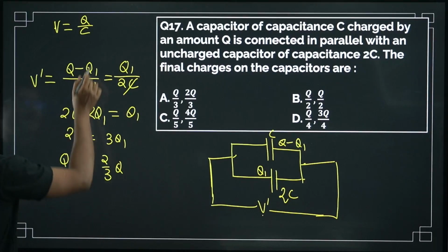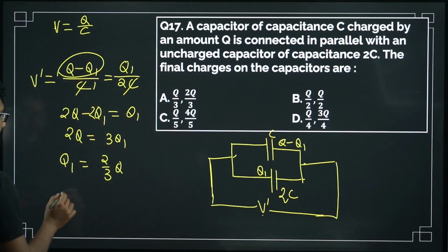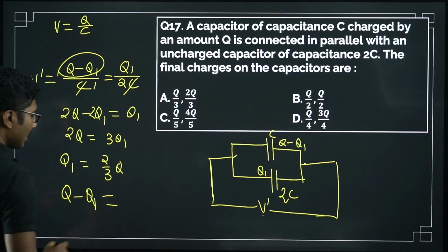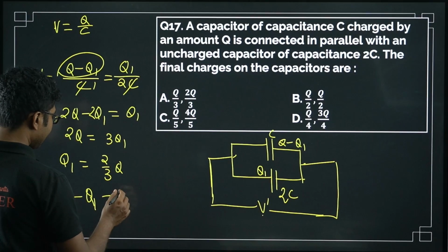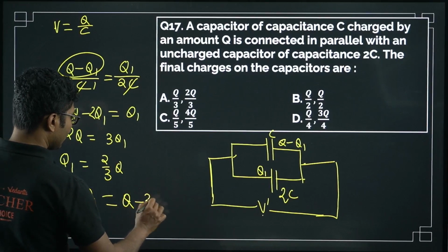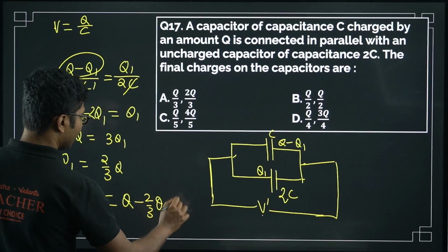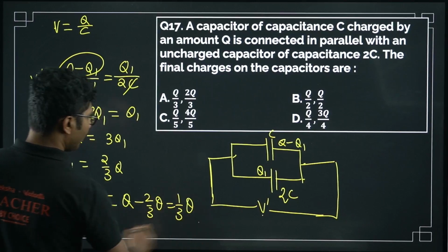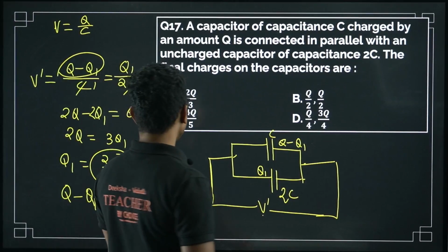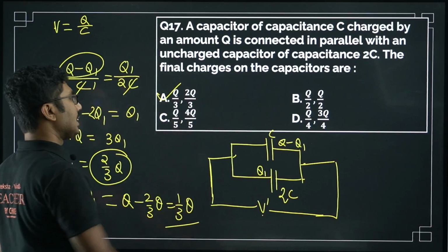So what is the charge of the original capacitor? The charge on the original capacitor is basically Q minus 2/3 Q, that is 1/3 Q. Okay, so 1/3 Q and 2/3 Q is the answer.